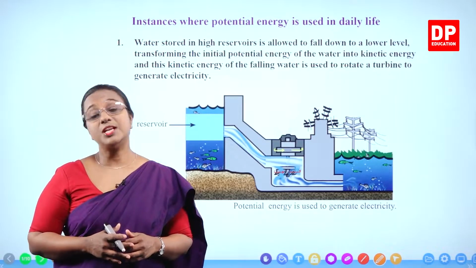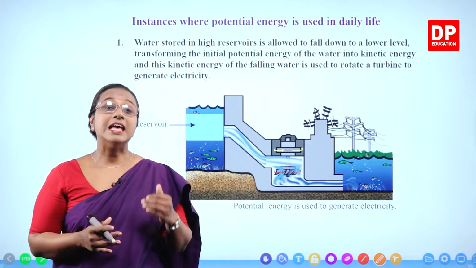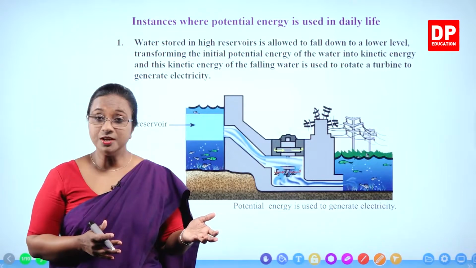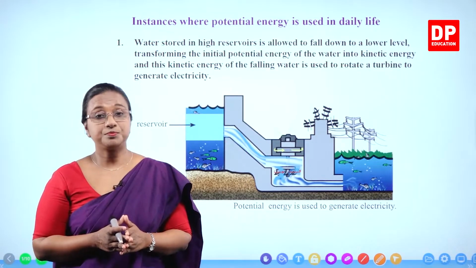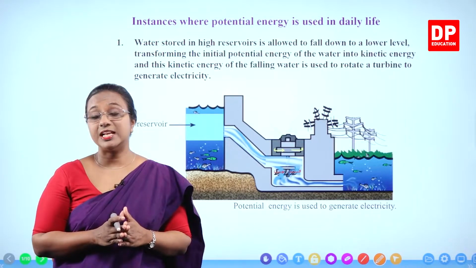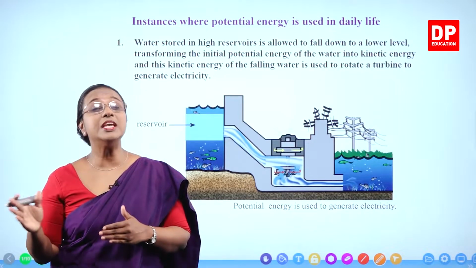Then we discussed potential energy. What is potential energy? The energy possessed by an object due to its position or else the shape. So based on that, we were able to calculate potential energy using the equation potential energy equals mgh.